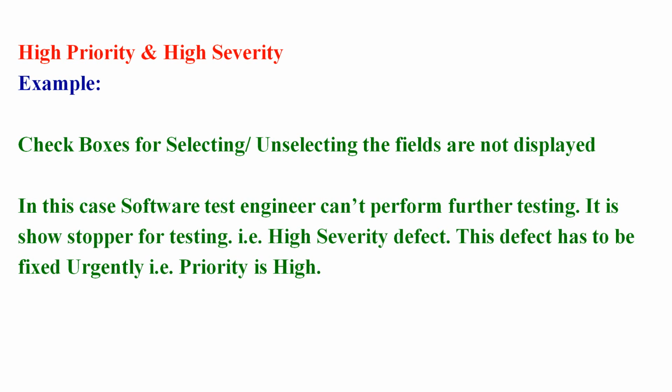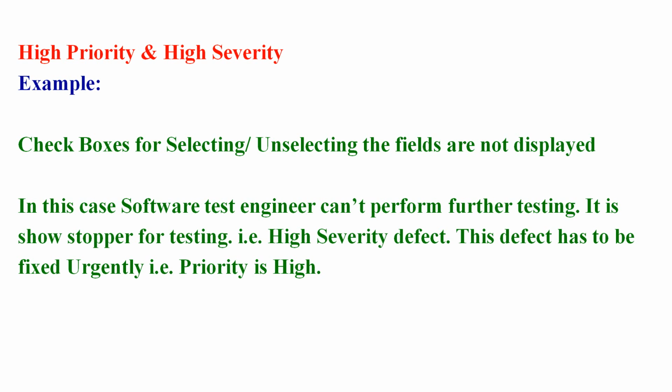For example, while testing the application, the concerned software test engineer has found that the checkboxes are not displayed. According to the client requirement, there should be checkboxes. Generally, for what purpose will checkboxes be used? These checkboxes will be used for selecting or unselecting the fields.